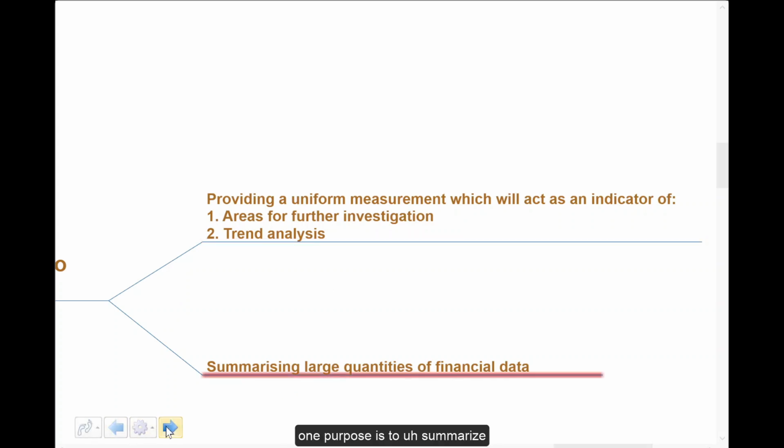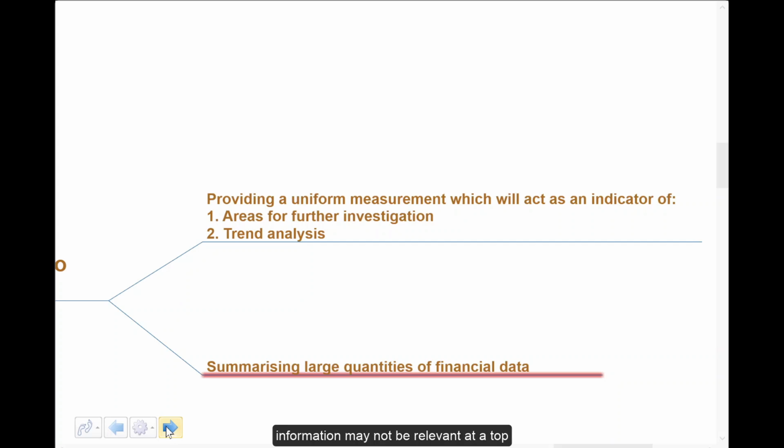Outside of that, certainly one purpose is to summarize information. We know that from a given set of accounts, statement of financial position, statement of profit and loss, and other comprehensive information, there's a lot of numbers there. There's a lot of information. And summarizing that information, particularly if we're looking at several years, is important and makes things a lot easier.